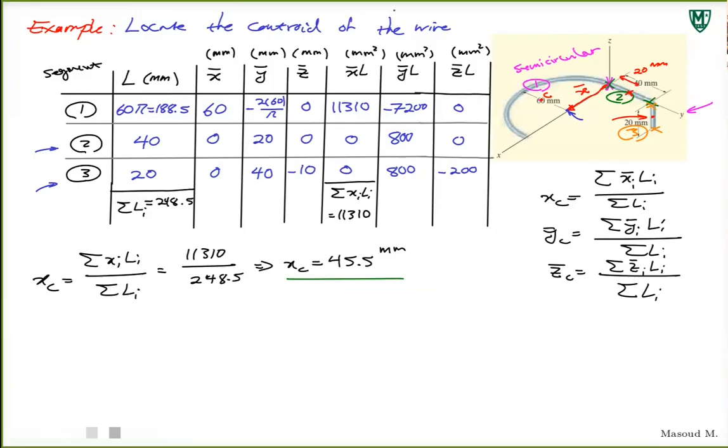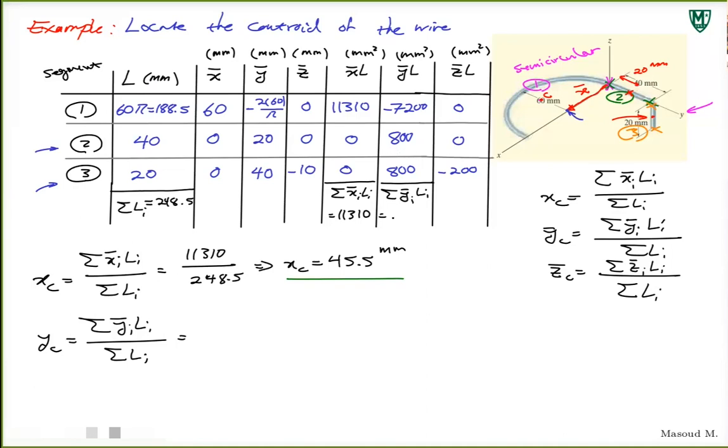YC. To calculate YC, here's YC. It is the summation of Y bar I, LI over the summation of LI. Y bar times L for each segment is basically this column. If I sum these up, this would be 800 plus 800 minus 7200.